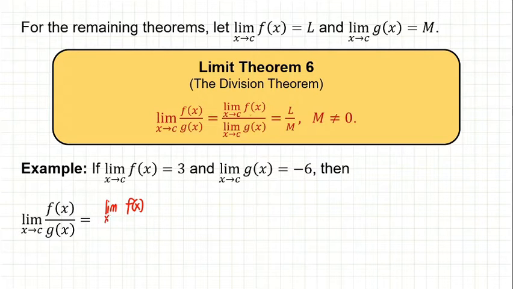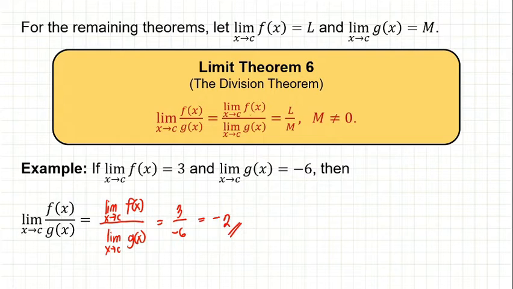So limit of f of x as x approaches c over the limit of g of x as x approaches c. So from that, we will now have 3 over negative 6, right? And this is just equal to negative 2. Okay, so our limit will be negative 2.